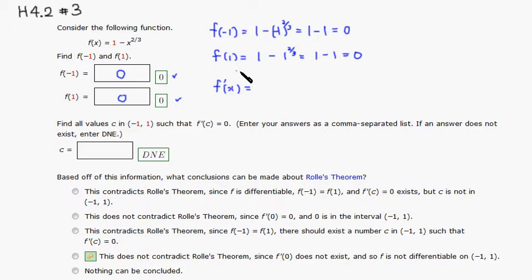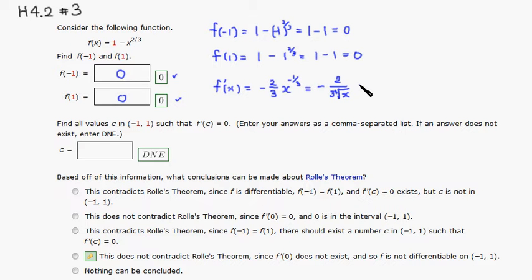The derivative of the other term: the negative sign was already there, so 2/3 in front, then x to the, subtract 1 from the power, so -1/3. So this is going to be -2 over 3 times the cube root of x.